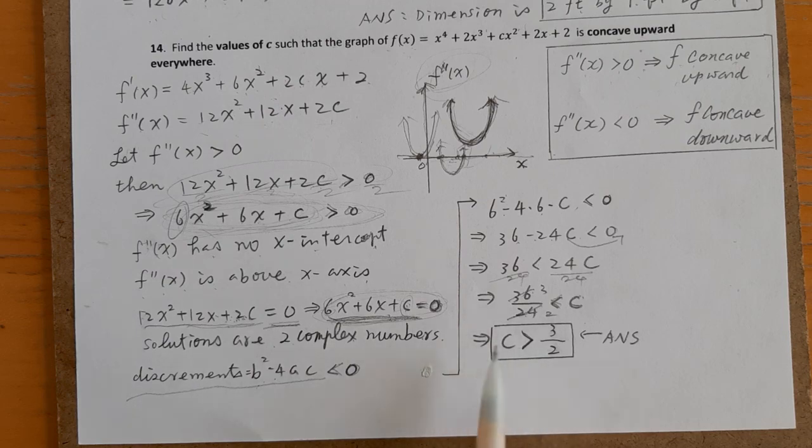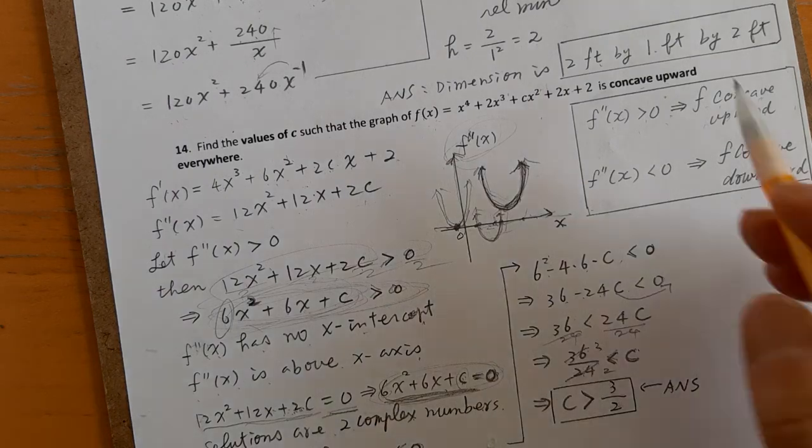So the answer is all numbers c greater than 3 over 2. They make this concave upward.